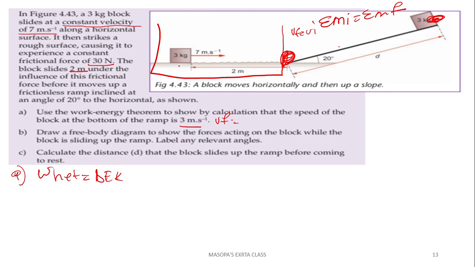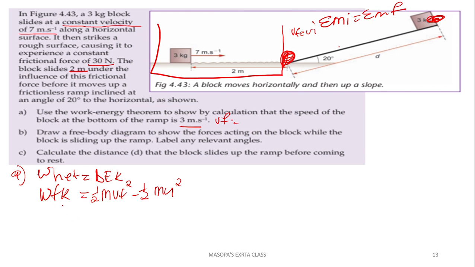So the net work equals the work done by Fk, and that equals the final kinetic energy minus the initial kinetic energy.